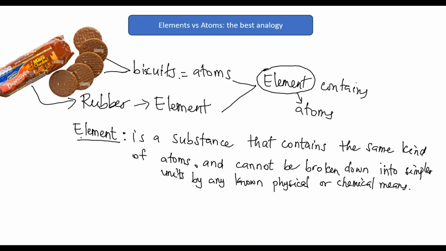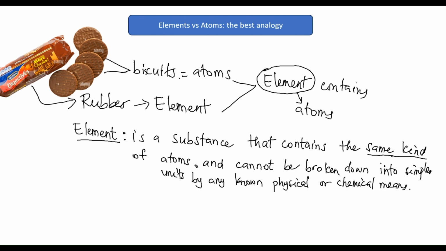So with this analogy of the biscuit rubber, the element is the biscuit rubber. We say it's a substance that contains the same kind of atom, the same type. Remember, there's the word same. When the biscuits were brought out, you see that they all look the same, the same round shape, the same kind. So this rubber contains the same kind.